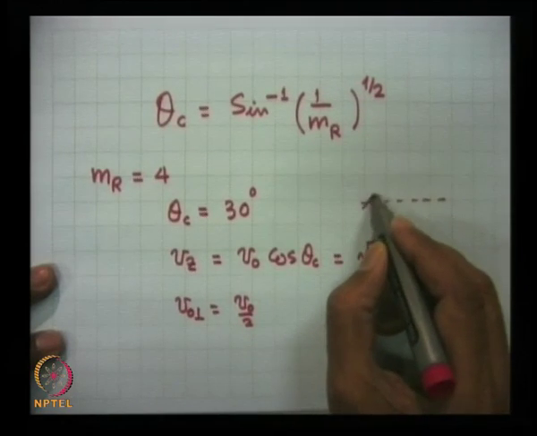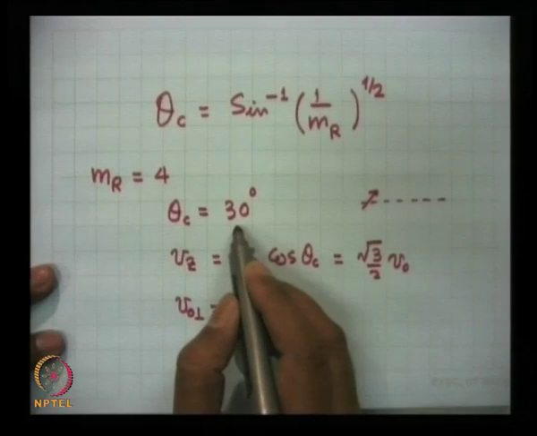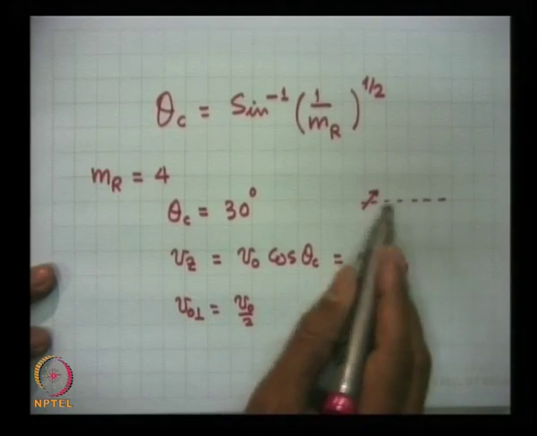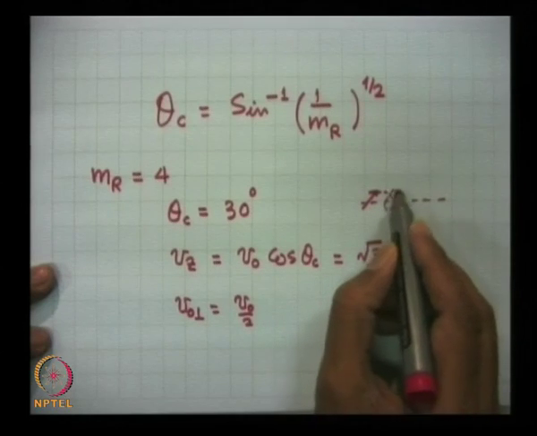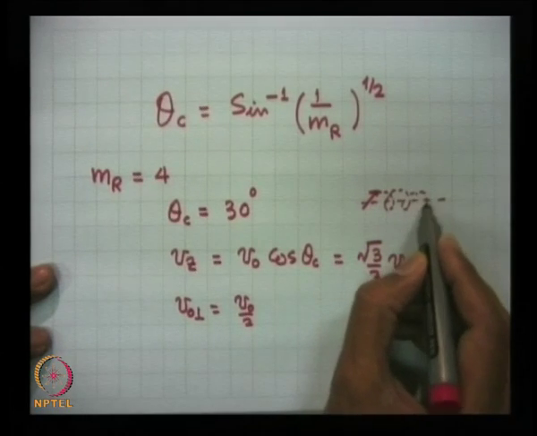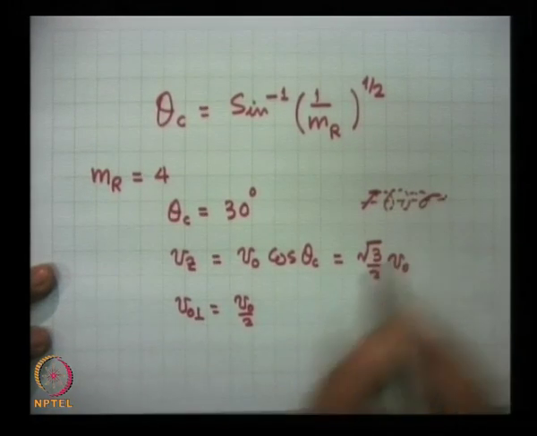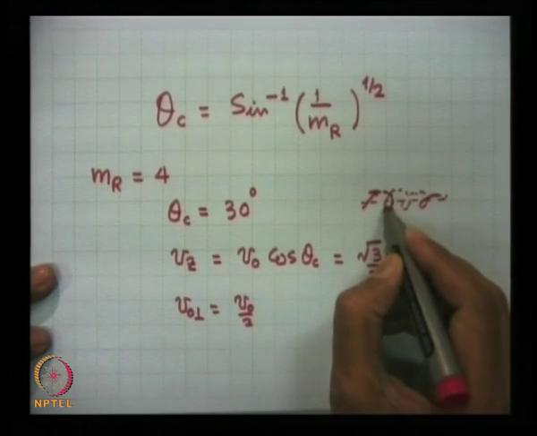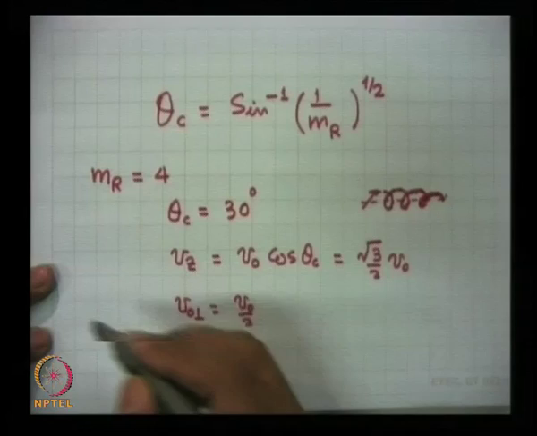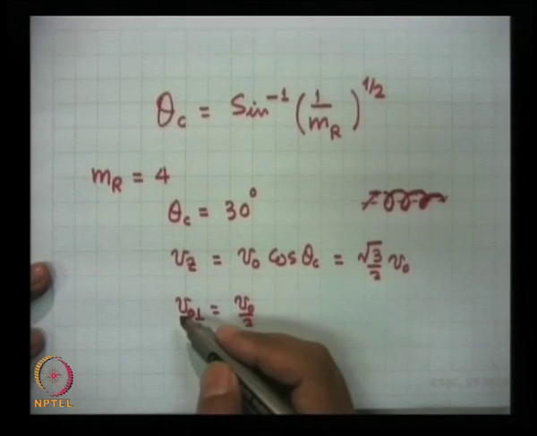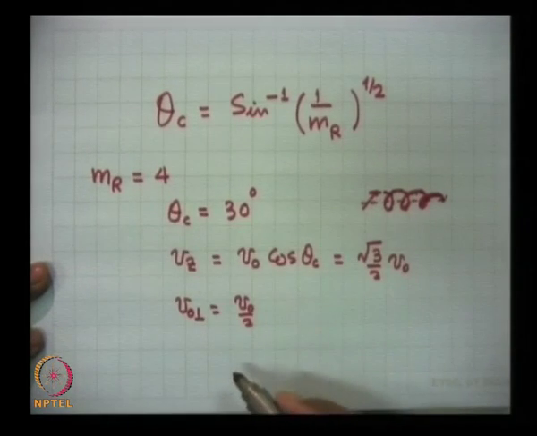So, the electrons which are launched here at 30 degrees to the mirror axis, when they go here and come back, they will suffer a reflection at the throat. They will go like this and then come back from the throat, and then go to the other side.